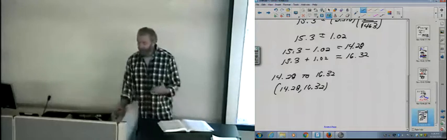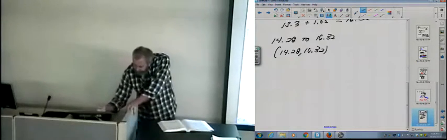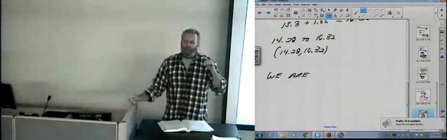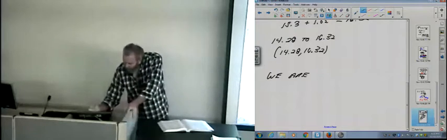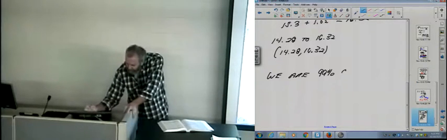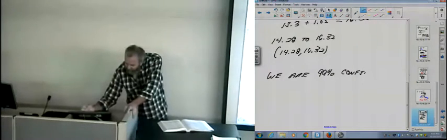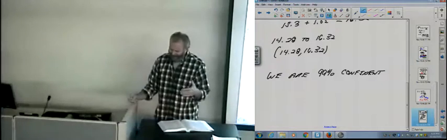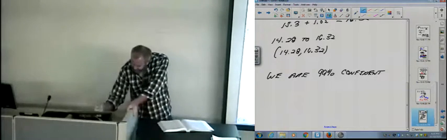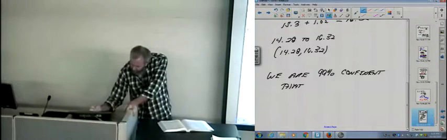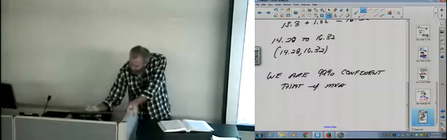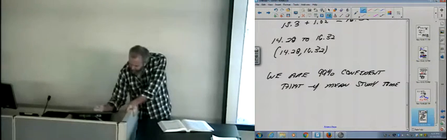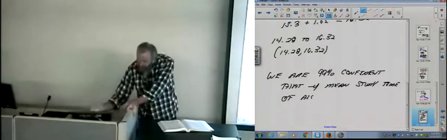But I'm going to do this. What was my confidence level this time? It was 99%, right? We are 99% confident. Give everybody your confidence level. Give them your success rate of your method. We are 99% confident that mu, the mean study time of all... Now, I'm not making this up.